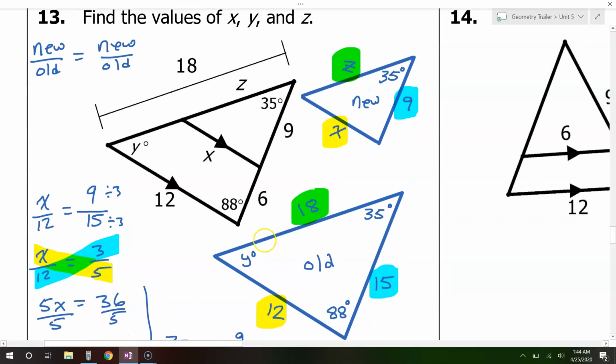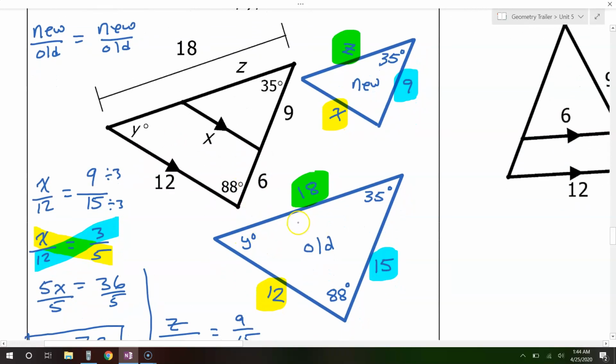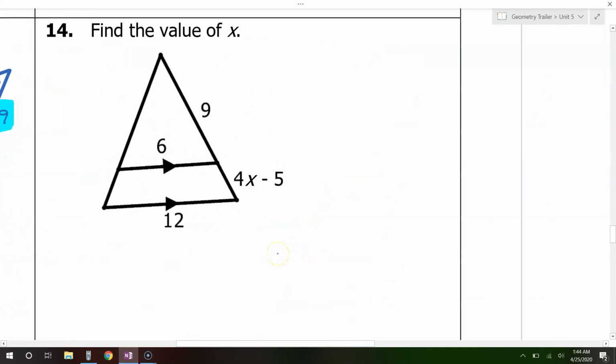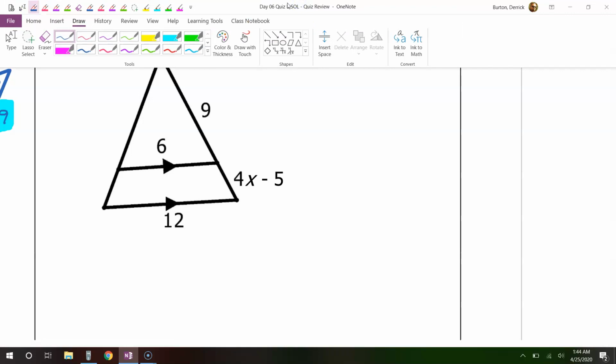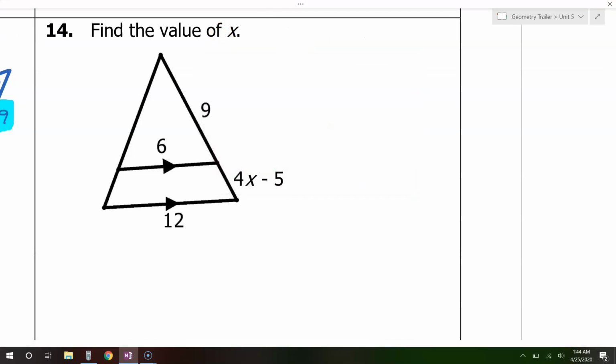Similar triangles. The most important thing, again, is to draw the triangles separately. Let's do the same thing for problem number 14. Let's draw these triangles separately. So, okay, so I'm going to change colors. Got to switch it up.